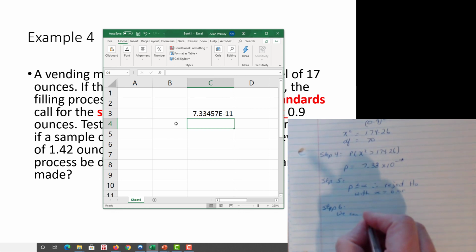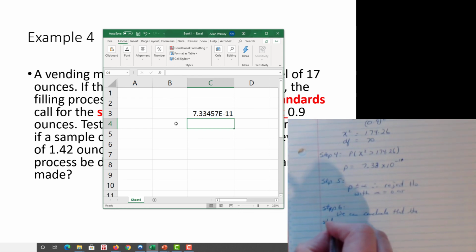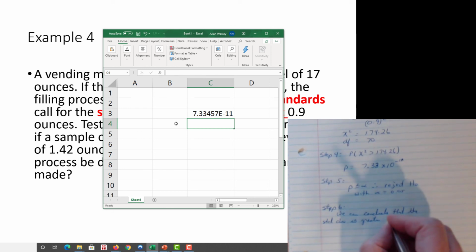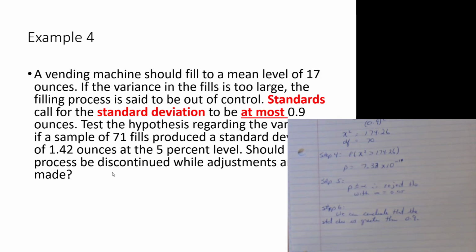We can conclude that standard deviation is greater than 0.9. And what does that mean? The process is out of control and should be discontinued, right?